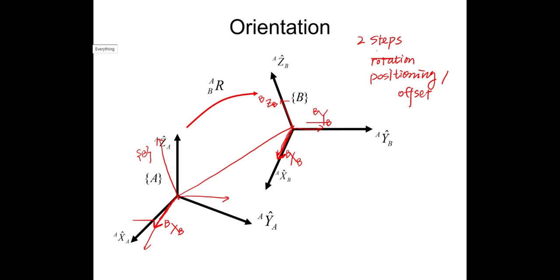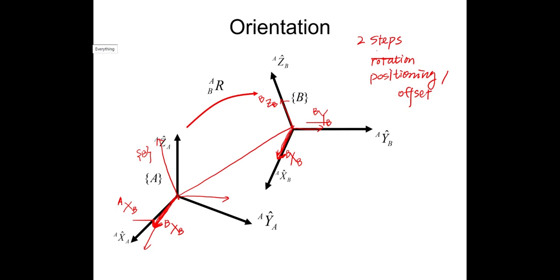And what is the vector of this thing with the reference of A? So this is XB A. We consider this vector, which is the unit vector of XB in the A frame.